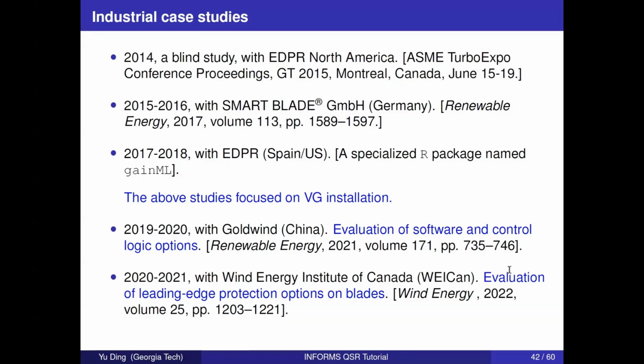And so that really improved our credibility with EDP North America. One of the reasons they wanted to do the blind study, especially 10 years ago, is very simple, right? They don't really know that much about all this data manipulation we did in the background. So they don't really know if we really have an analysis that can see this kind of effect, or we just want to produce a narrative which satisfies them, right?